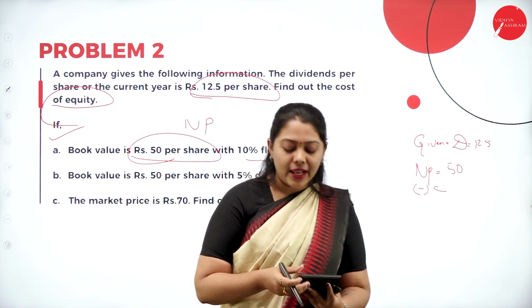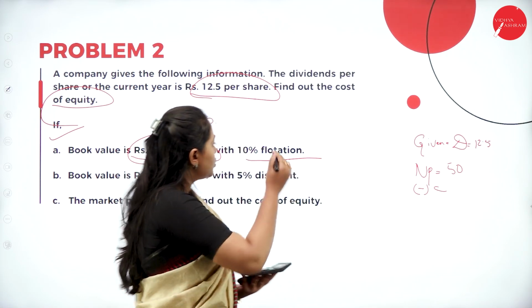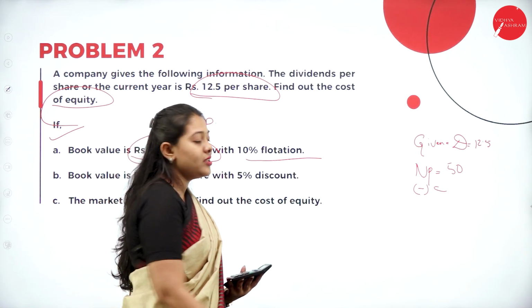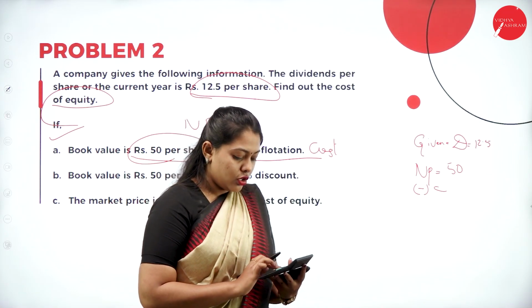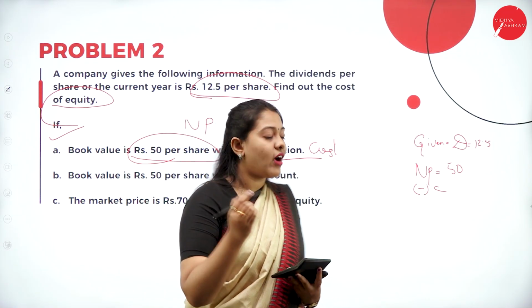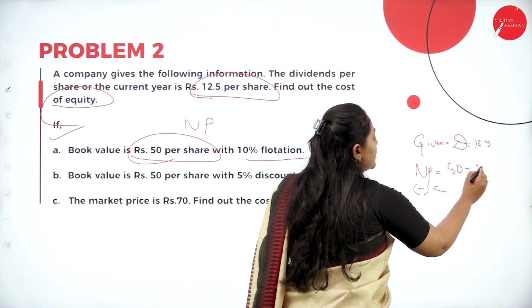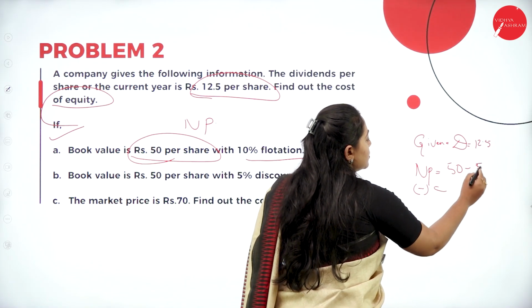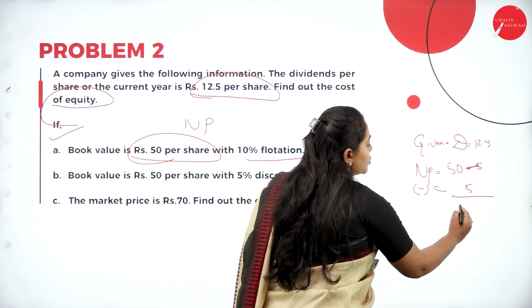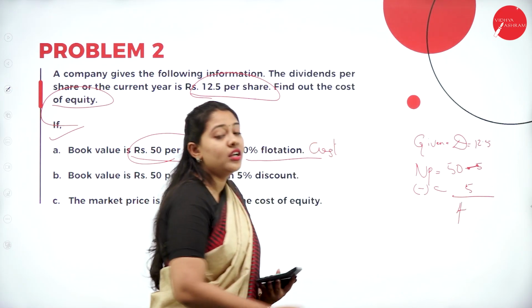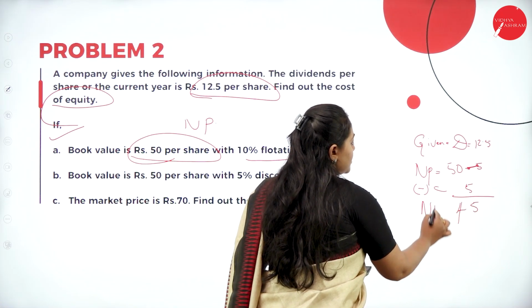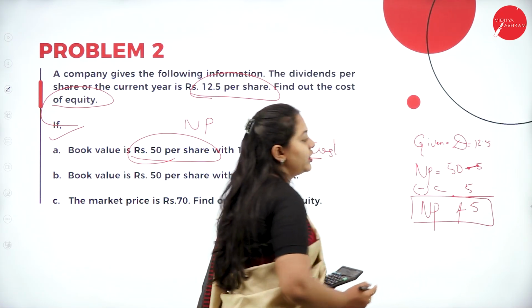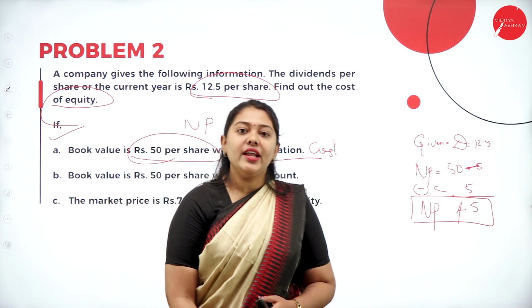So let us use the calculator. 50 into how many percent flotation cost? 10% flotation cost, 50 into 10% is 5 rupees. 50 minus 5, so the answer will be 45. 45 will be the net proceeds.